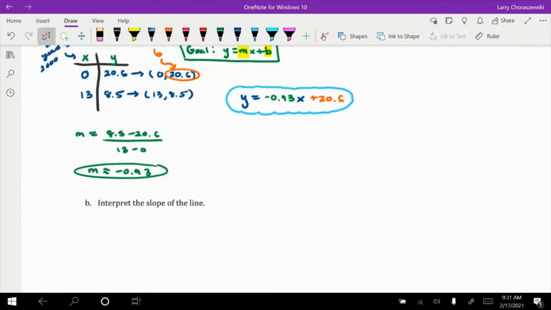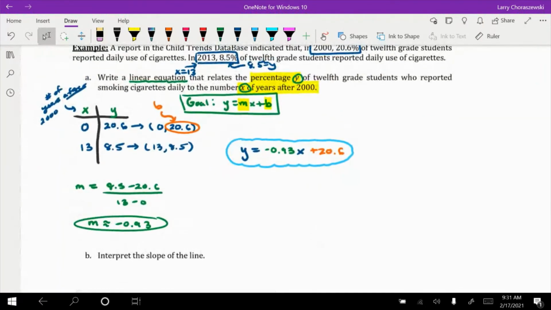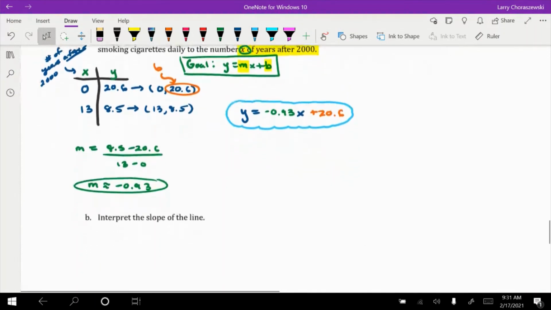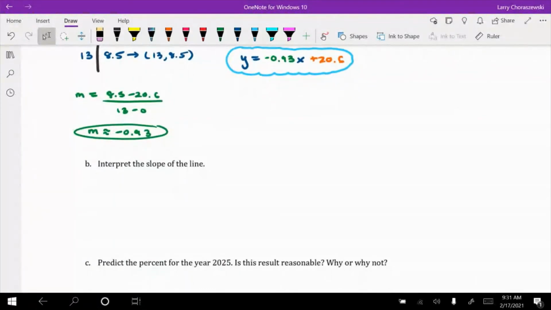So that's our equation. Keep in mind what y represents. It's a percentage of 12th grade students who reported smoking cigarettes daily. Okay, so let's see how we can tie that into part B, where it says interpret the slope of the line. I'm going to use the decimal version of it. So m is approximately negative 0.93.